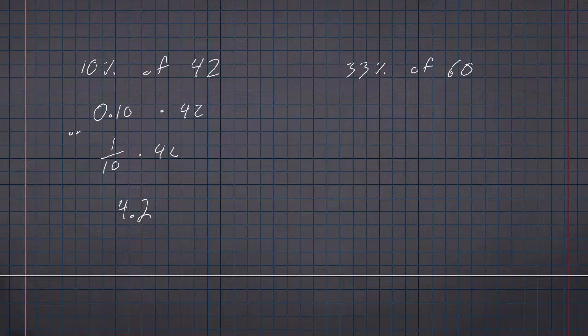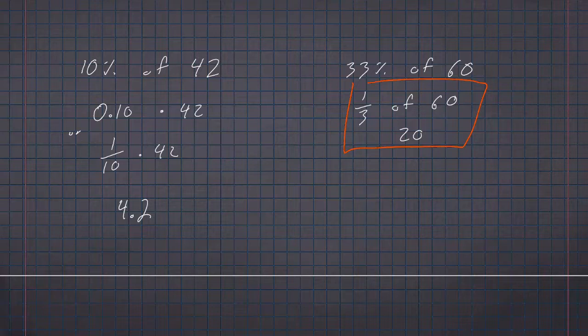Right. 33% of 60. This is one that's more of a challenge than you would think. 33% is really close to 1/3 of 60, which is 20. But it's not quite, right? 1/3 is 33.3 repeating percent, not 33%. So that's a trap that's really easy to fall into.